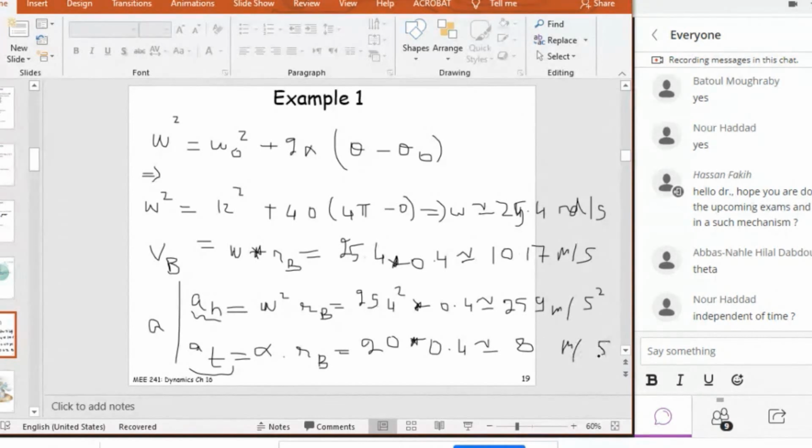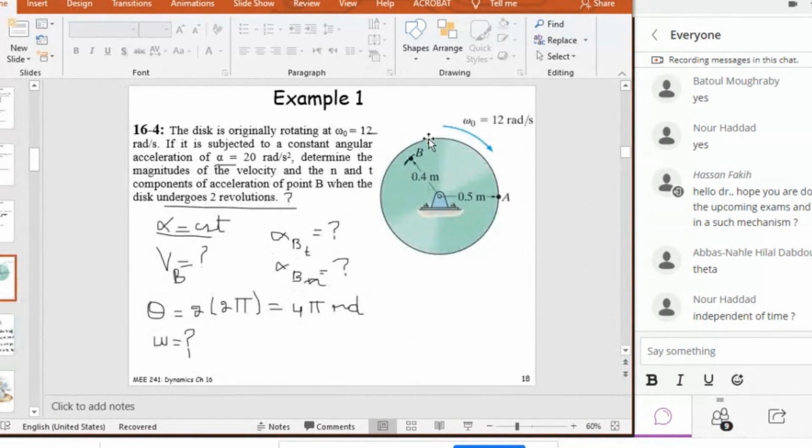All right? So as you can see, guys, if I have a pure rotation, all the equations for kinematics could be applied here for alpha and omega by substituting S by theta, V by omega, and A by alpha.